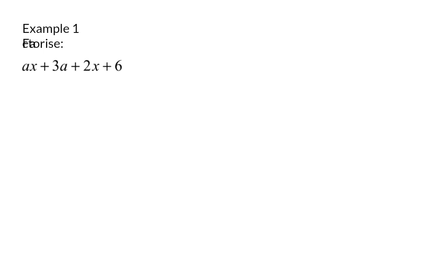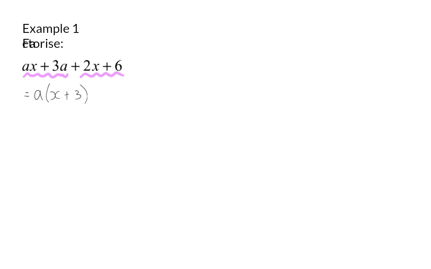Your first option will be to put the first 2 terms and the last 2 terms in groups. If you now focus on the first group, you will see that these 2 terms have a as a common factor. Once you remove a from these 2 terms, you are left with x plus 3.